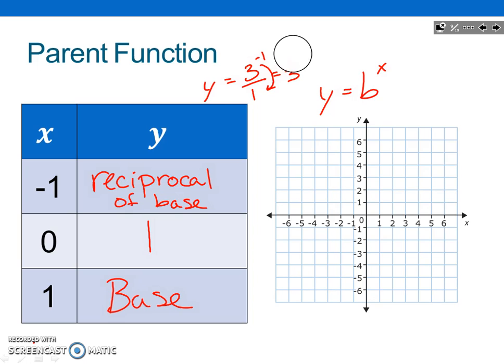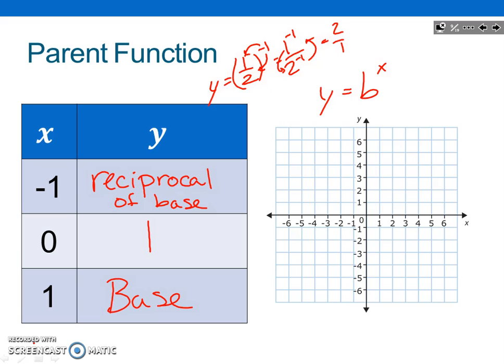So if my b was 3, -1 would be paired with 1/3. Now if my b was 1/2, like it was on the slide below, remember the negative goes to both of them, which causes them both to flip, gives me 2/1, and I get 2. If my base was 1/2, the reciprocal of 1/2 would be 2, okay?